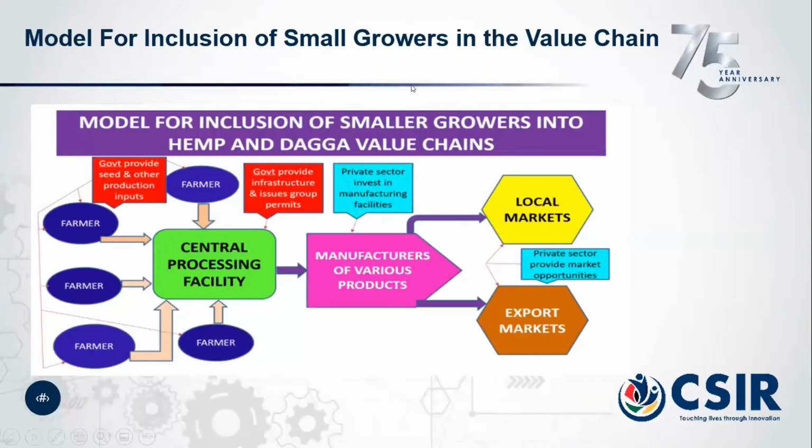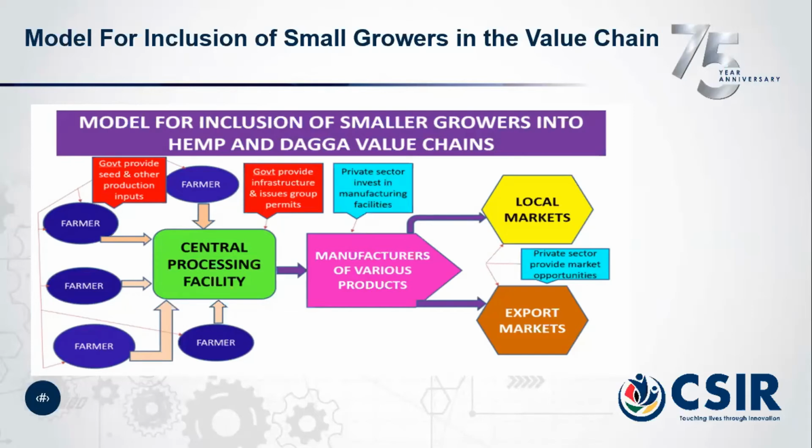I got this slide from the National Cannabis Master Plan because one of the things we have to do is that we don't have to forget the smallholders, okay, small growers. This was proposed by the Department of Agriculture and Land Reform. They said that if we could have centralized facilities where people can bring their products, especially for processing, you have farmers bring it to this facility, and then it goes to a manufacturing facility.